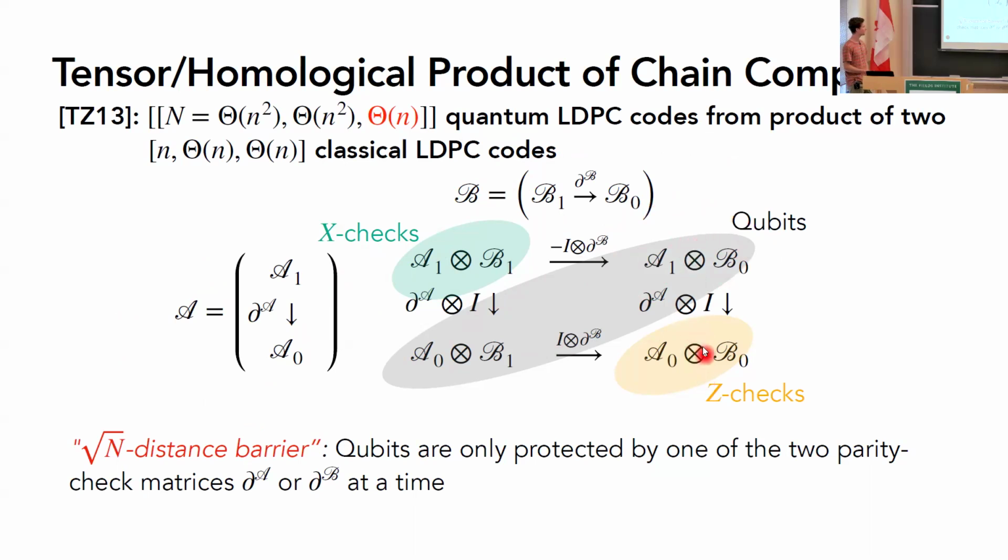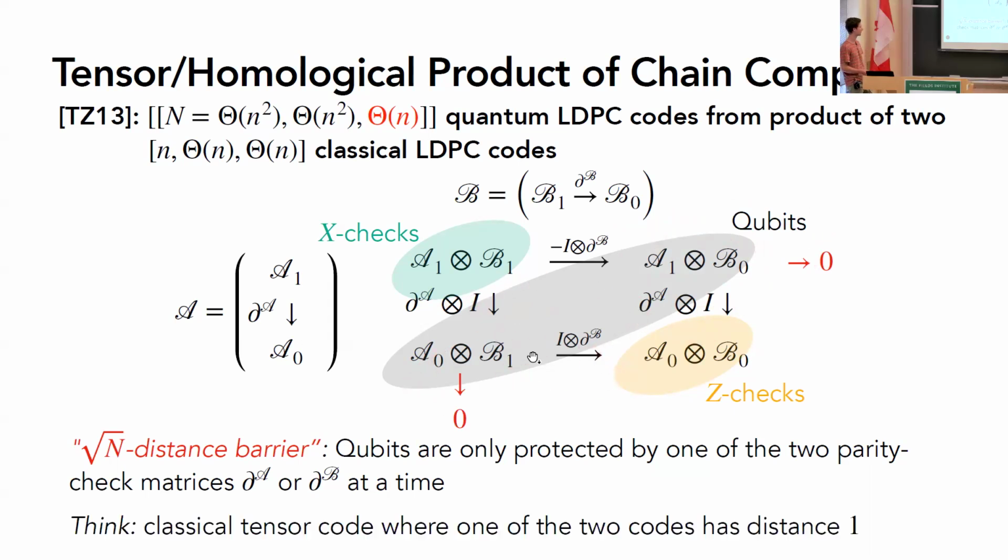So for instance, if we look at a qubit up in this grid here, we see that it's protected by this vertical map. So it's protected by the parity check matrix from A, but there's nothing coming out to the right. We can imagine there's just the zero map coming out to the right. So there's no non-trivial parity check matrix protecting qubits up here in the horizontal direction. And similarly, we have something similar going on down here, but in the vertical direction.